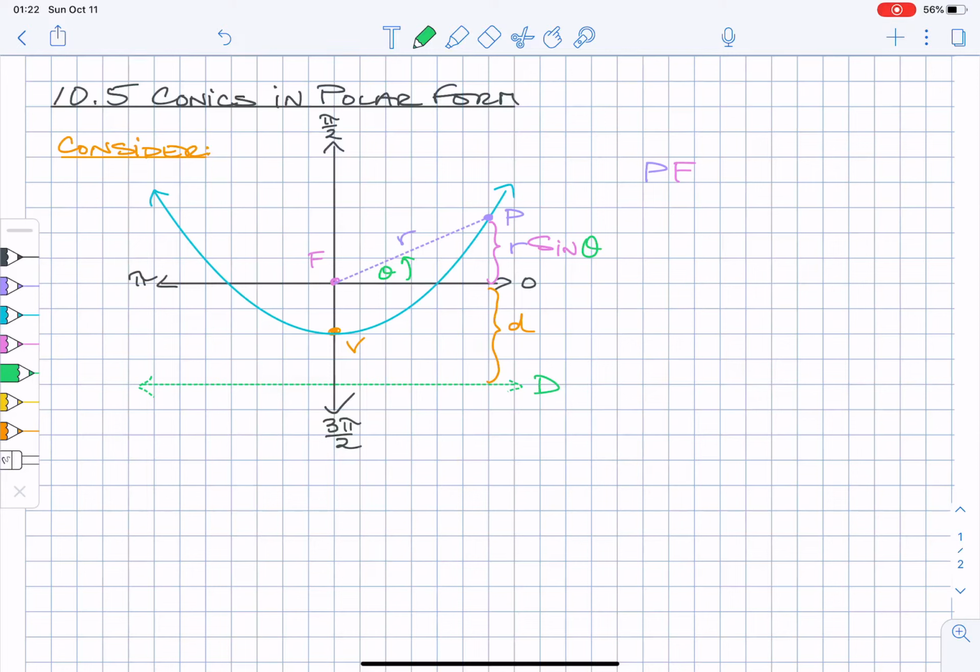So we have that P to the focus is going to be the same as P to the directrix, because that's what the definition of a parabola is.